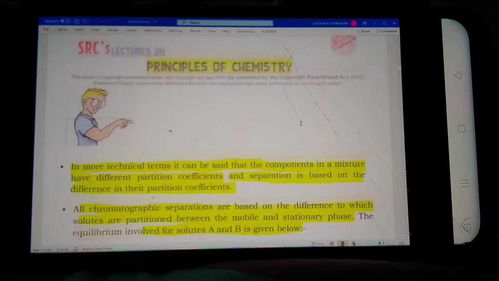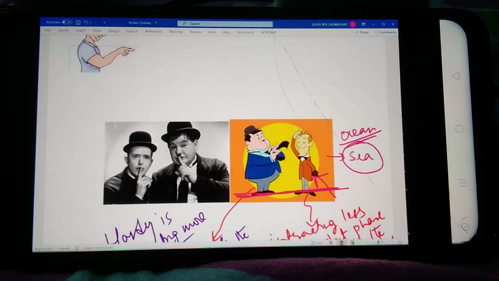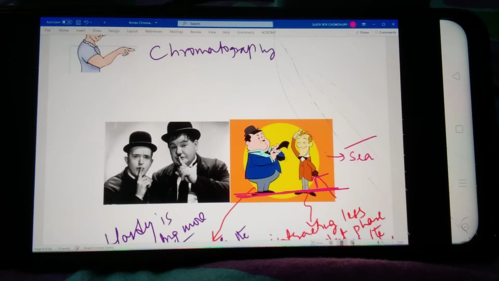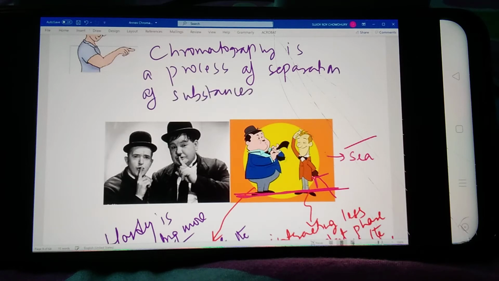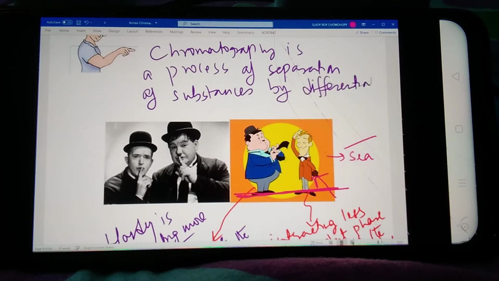So it is very apt of saying, sometimes this particular phrase is used, and it is very apt, that chromatography is a process of separation of substances by differential migration.